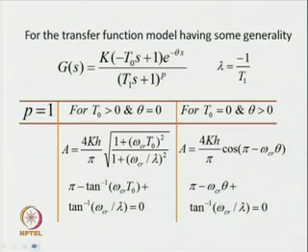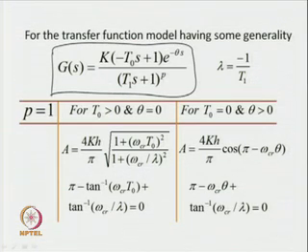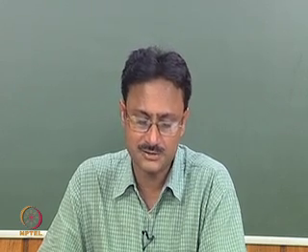Now, for the transfer function model having some generality and given as G(s) equal to k (e to the power minus T0 s plus 1) times e to the power minus theta s upon (T1 s plus 1) to the power p, also, we can make use of the describing function analysis and estimate the unknown parameters of the transfer function model.